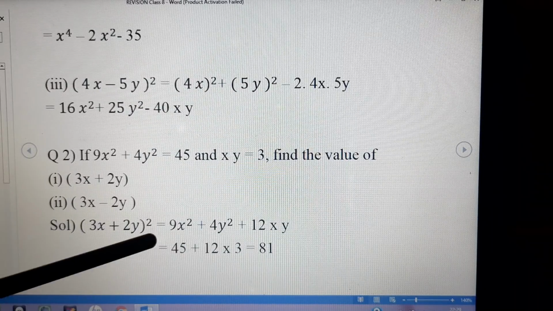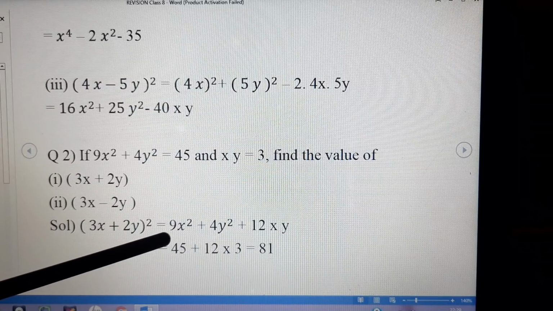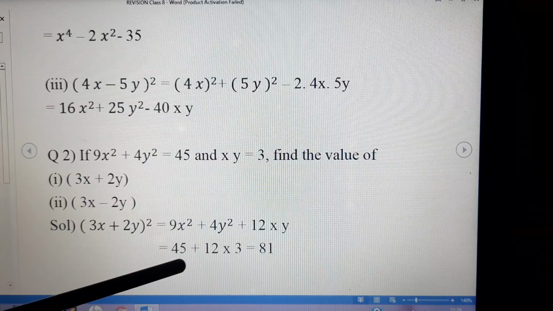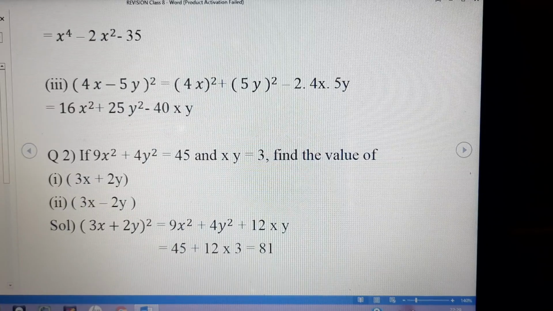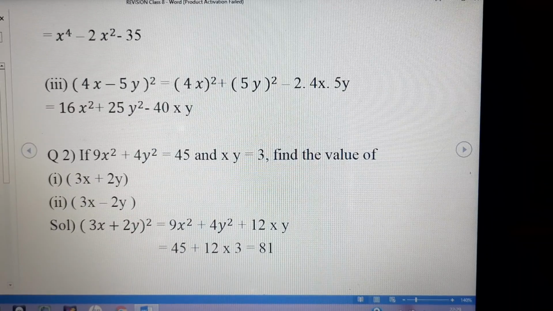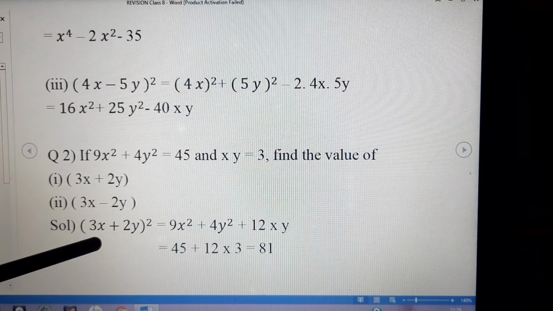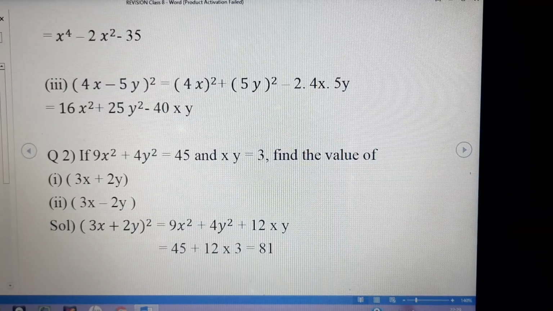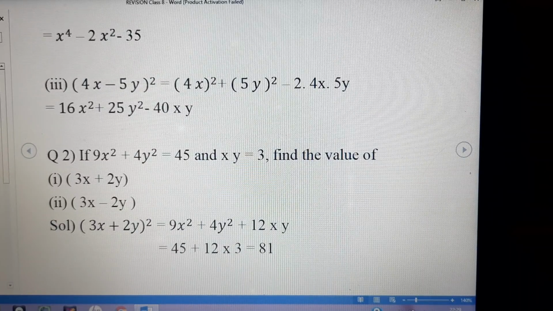Now if we substitute the value of 9x square plus 4y square here, it is 45 plus 12 into xy, and xy is 3. So it becomes 81. We were supposed to calculate the value of 3x plus 2y, but we have calculated the value of (3x plus 2y) whole square. It is coming 81.